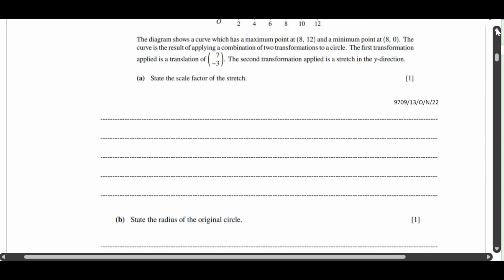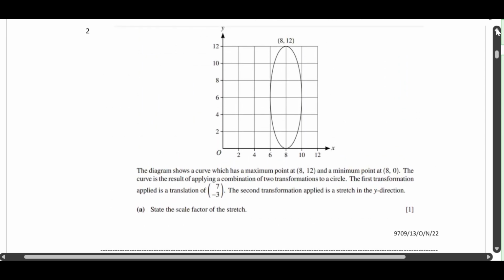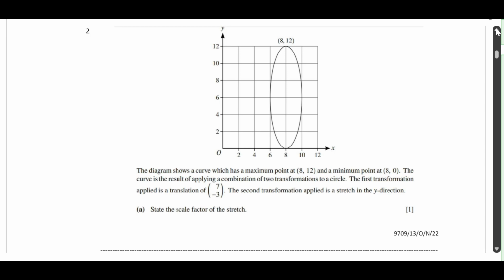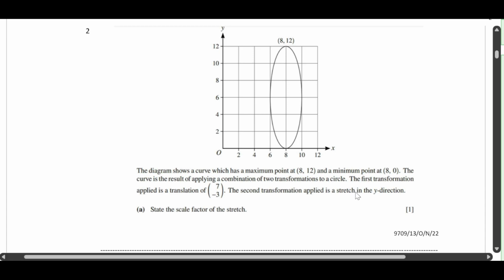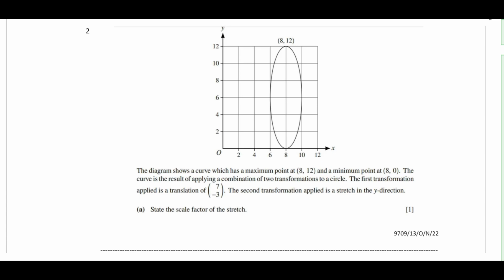Now here, this is our question number 2.